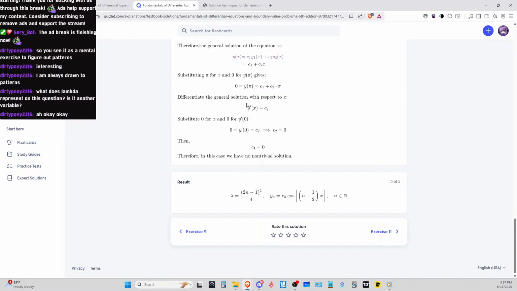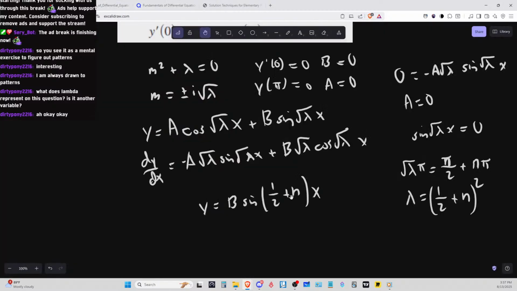Interesting. Because this one has to be pi, and when this is pi, this goes to 0, right? Yeah, so, oh, okay. I mean, yeah, that should work.